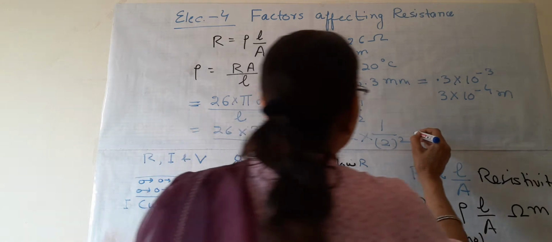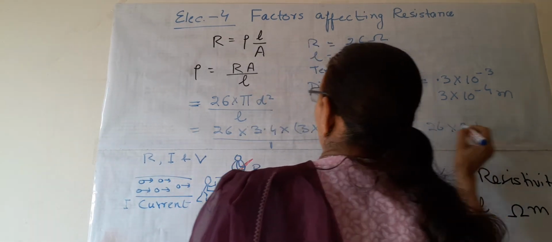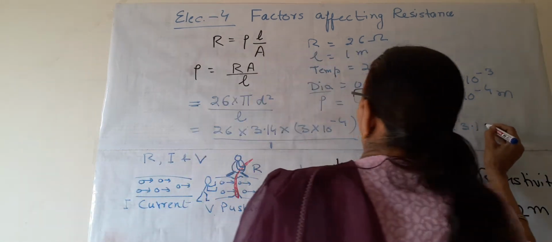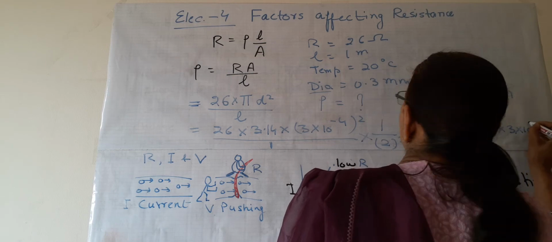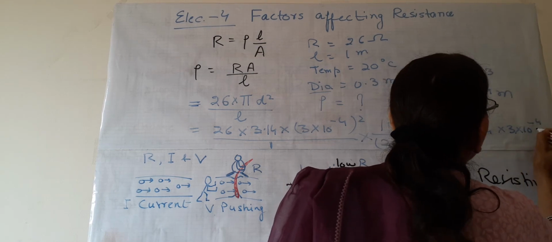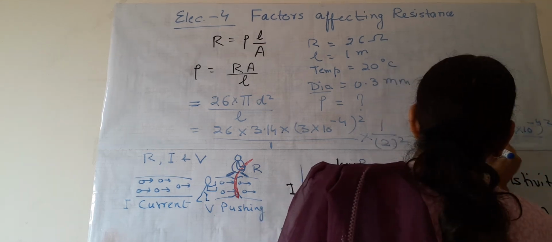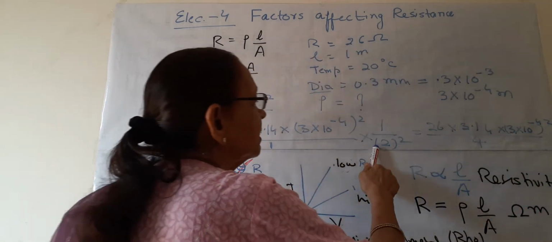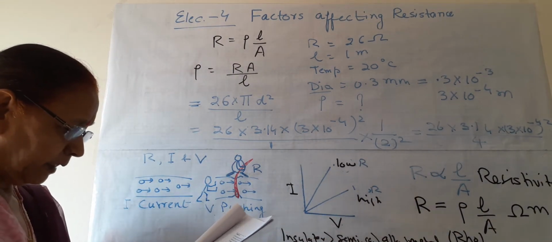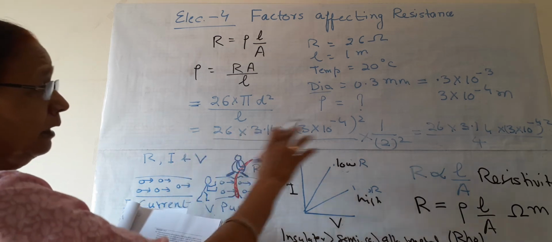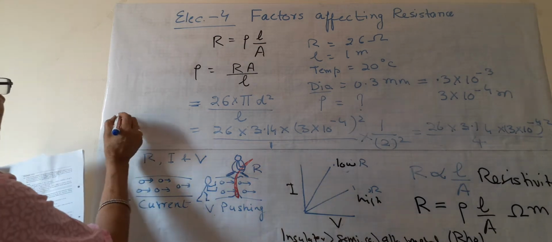So what we get is 26 into 3.14 into 1/4 into (3 into 10 to the power minus 4) whole square, divided by 1. So this is the equation. And if we calculate this, you should get the answer.